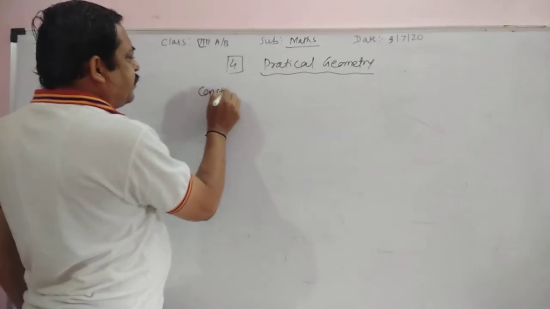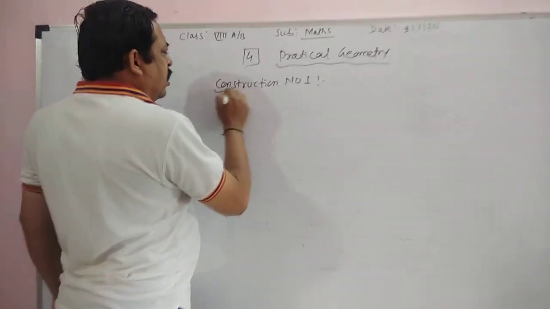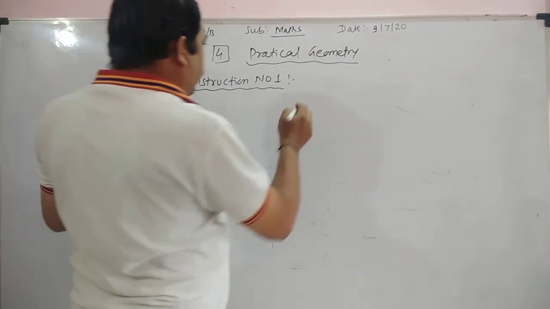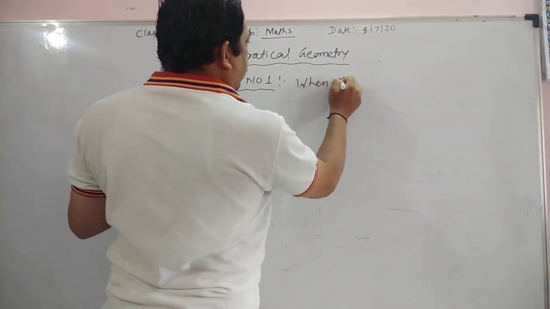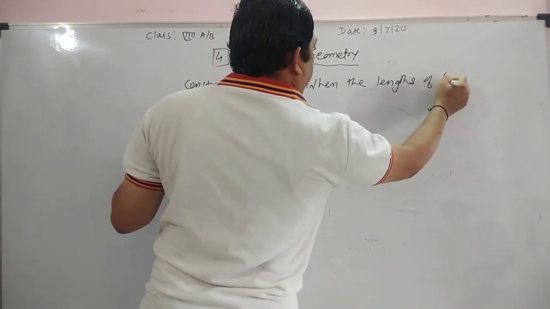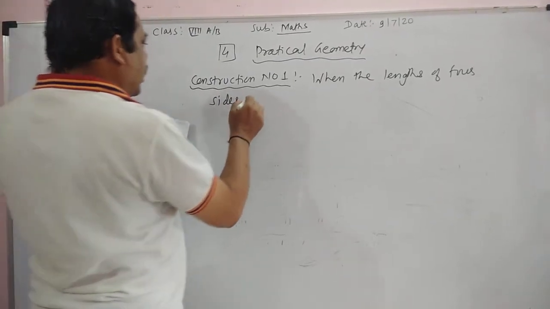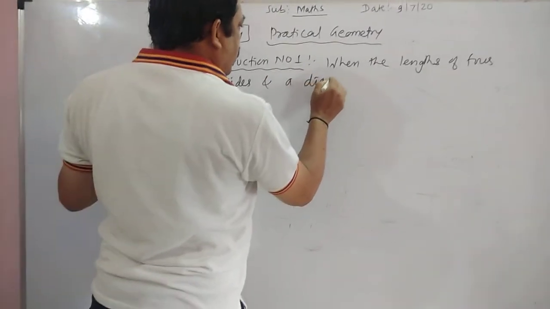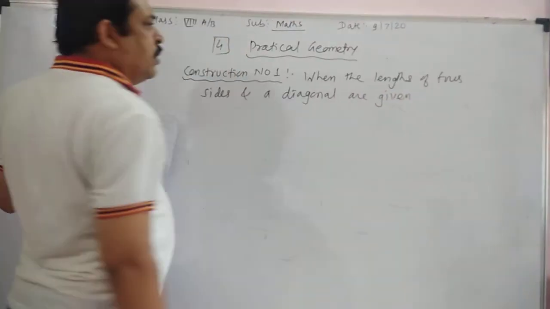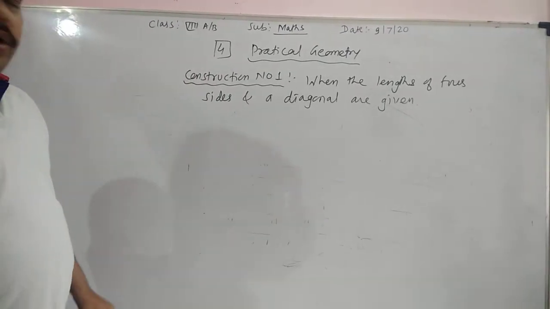Construction number 1. Construction number 1, that is, when the length of 4 sides and a diagonal are given, at that time we have to construct the quadrilateral.